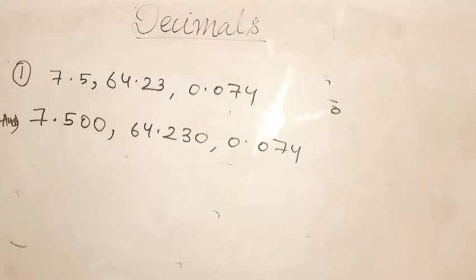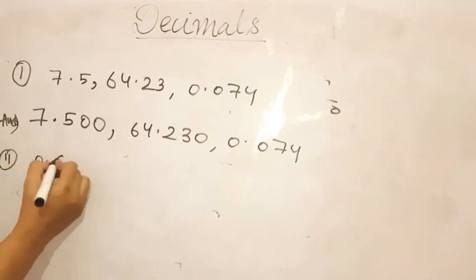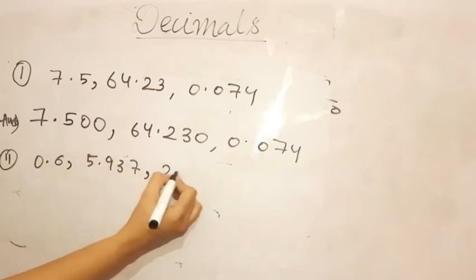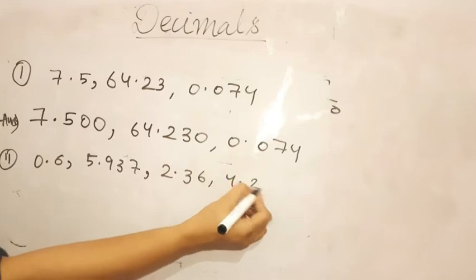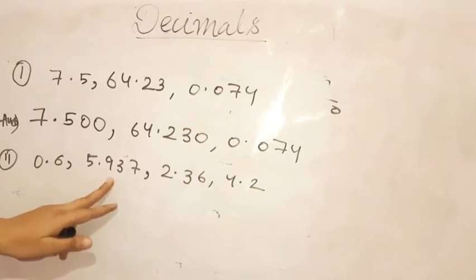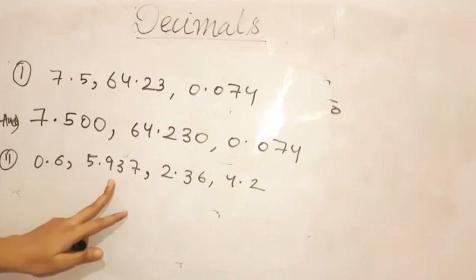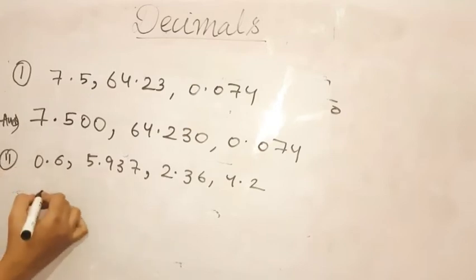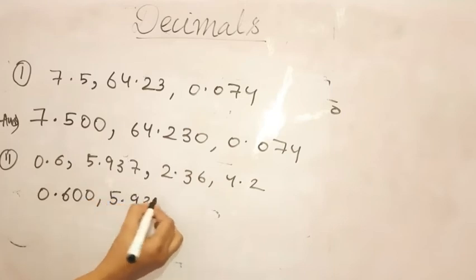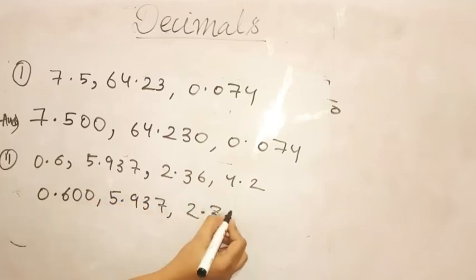Moving on to the next option, that is second option. It is 0.6, 5.937, 2.36 and 4.2. Again we have to check which of the following is having the highest number of decimal places. So 5.937 is having the highest number of decimal places, that is 3 decimal places. So you have to give every number 3 decimal places, then only it will be converted into like decimal number.